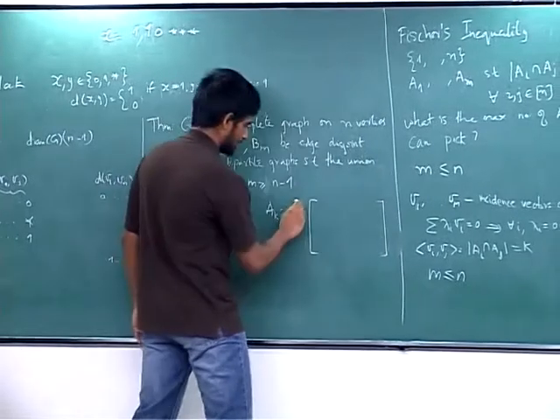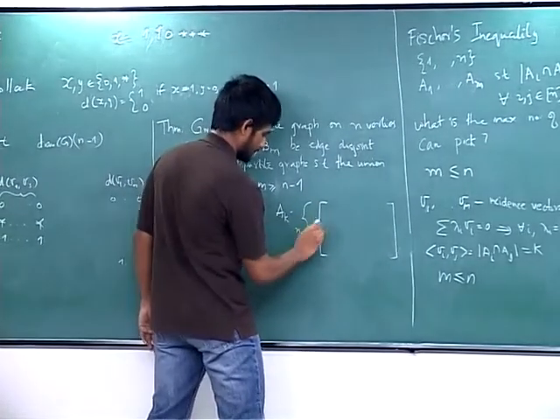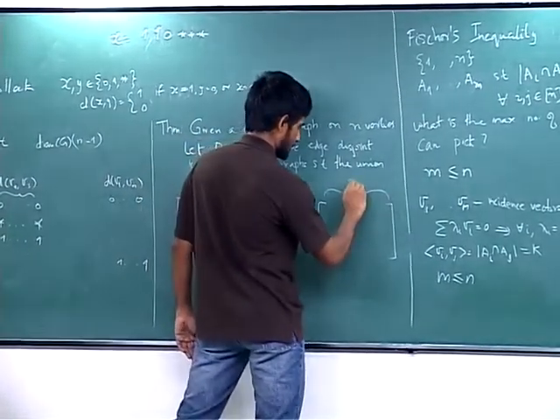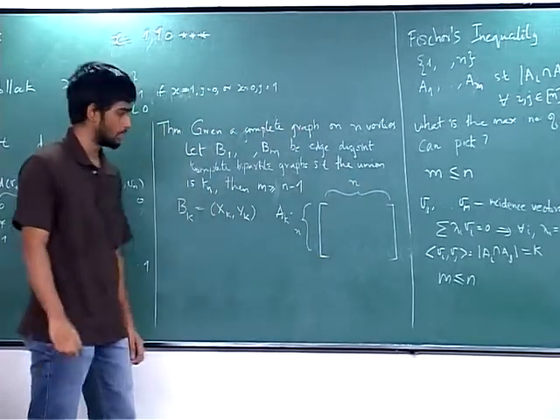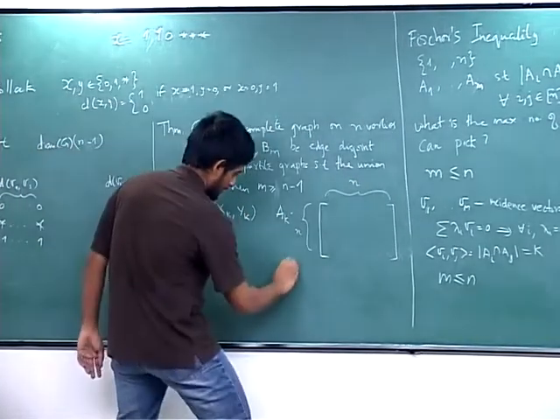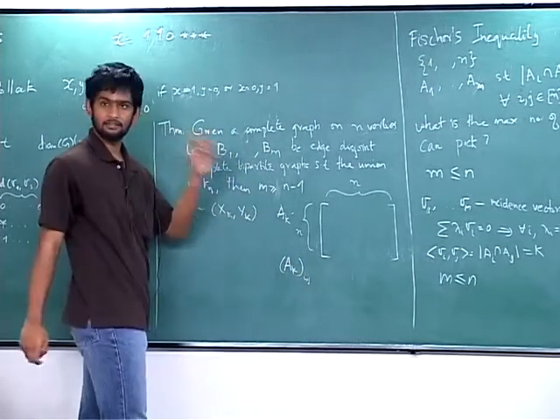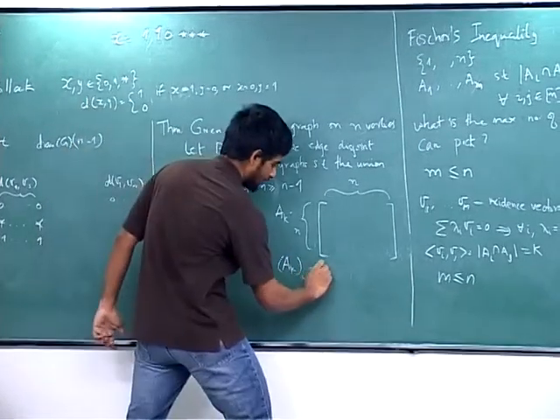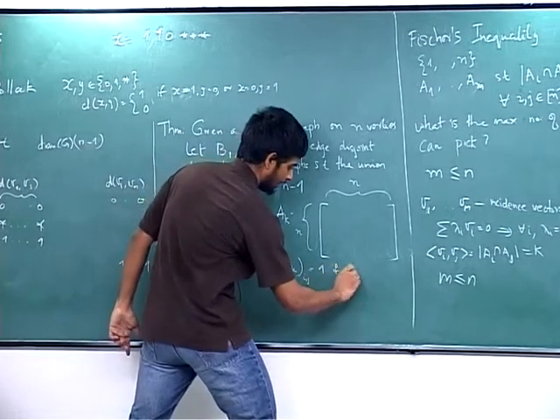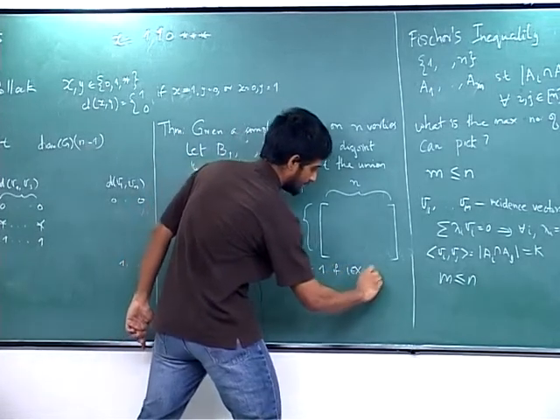So this is an n cross n matrix. And Ak of ij, the ijth entry of this matrix, is 1 if i is in Xk and j is in Yk.